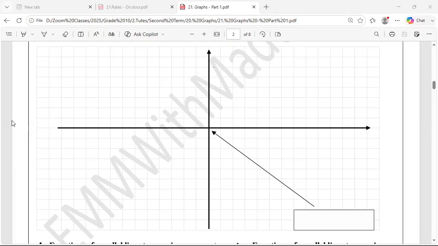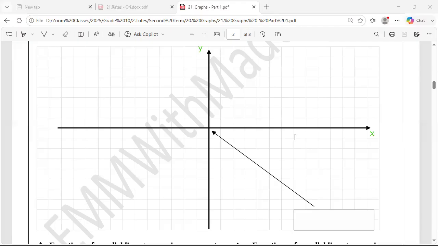First of all, you need to draw these two axes, and then you need to label this one first as y, and label this axis as x as well. Otherwise, your answer is not perfect.